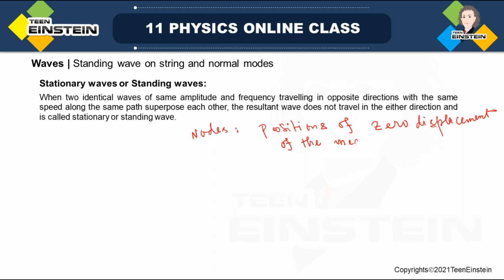You can say medium also, or the elements of the medium. Nodes are generally denoted by N in the figure, and antinodes are denoted by capital A, and these are the positions of maximum displacement of the material element in the medium.